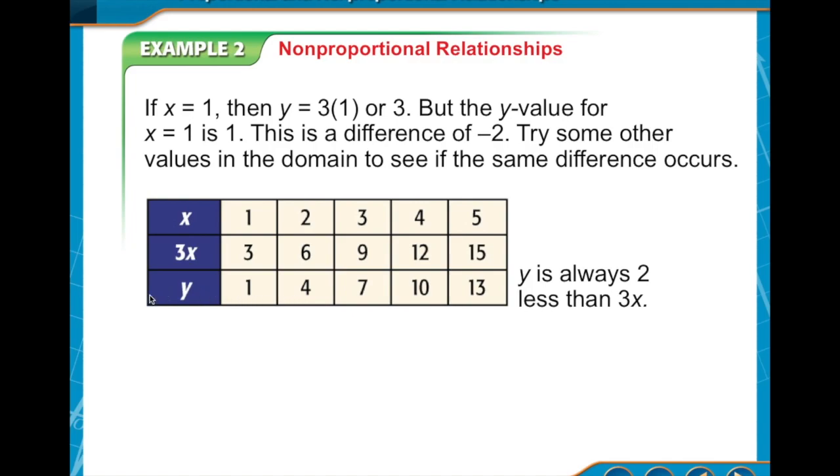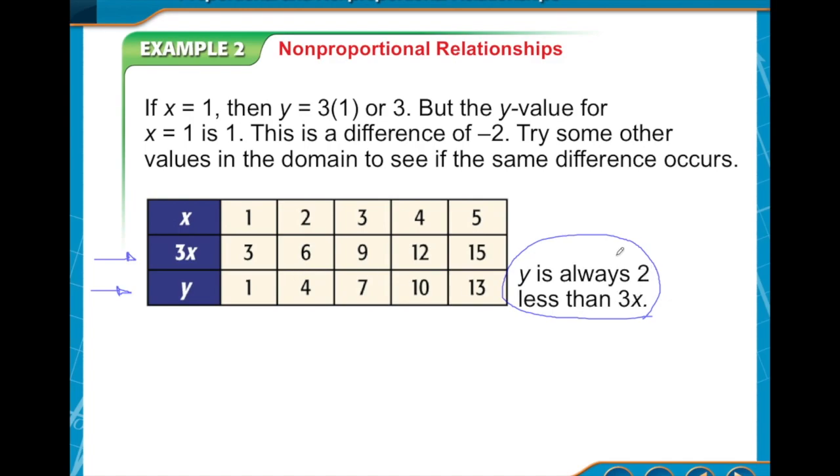If we compare the y values to the 3x values, what we thought it could be, how are these different? What is the pattern between each of these? Well, the y value is always 2 less than whatever 3 times x is. You see that here. It's always 2 under.